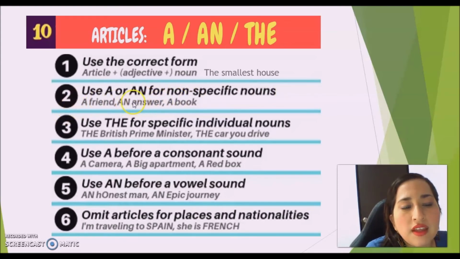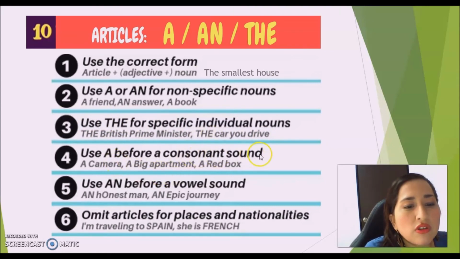When the word starts with a vowel, for example, answer, we use an. Use the for specific individual nouns, for example, the British Prime Minister, the car you ride.